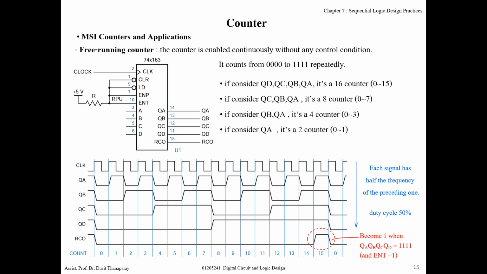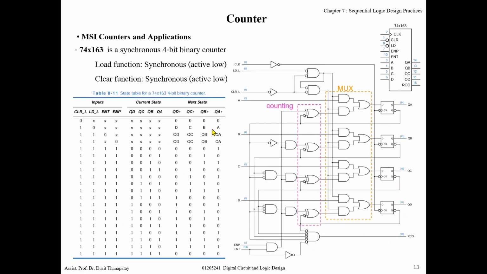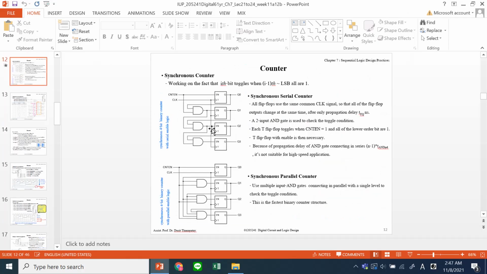If you want to make, for example, 3-bit counting, to count from 000 to 111, you can also use this IC. Just use these 3 bits. Why? Because if you consider the sequence of binary counting, let's go back to this one.